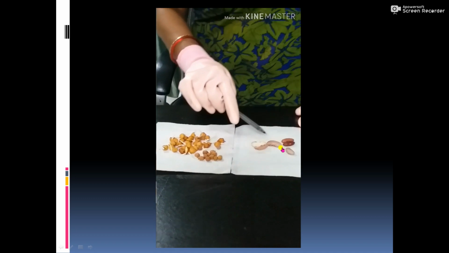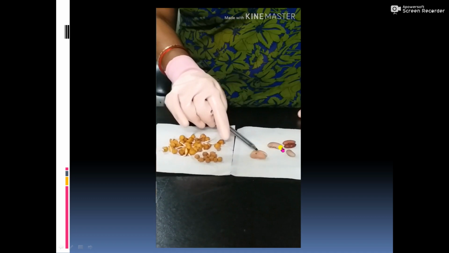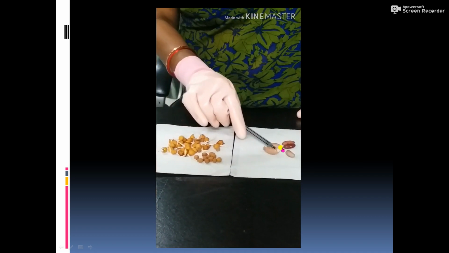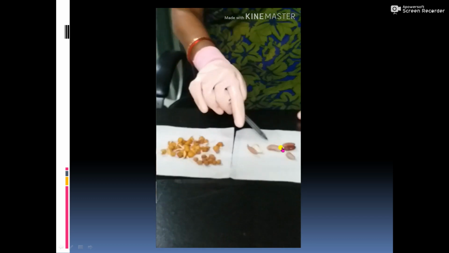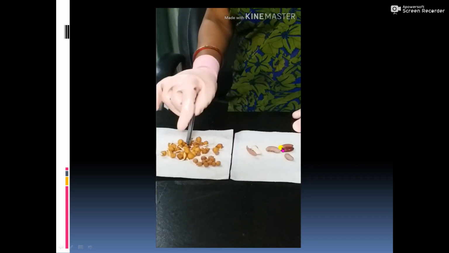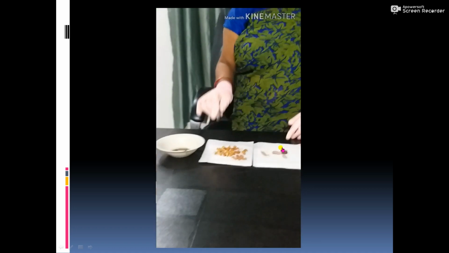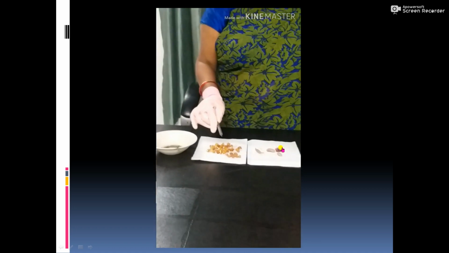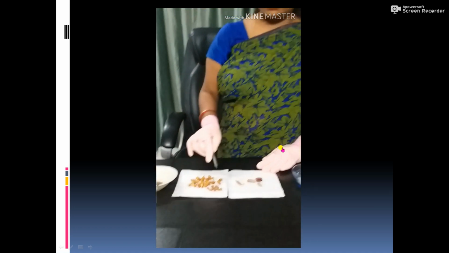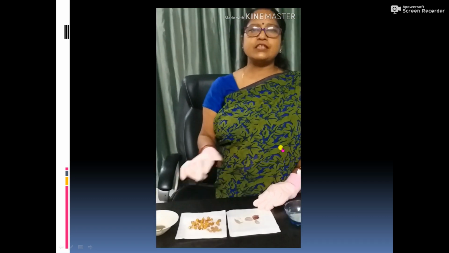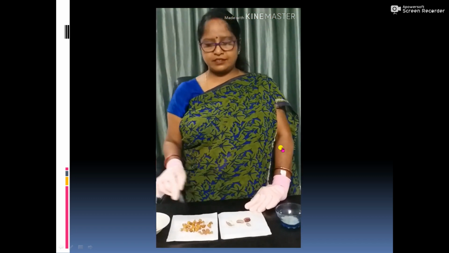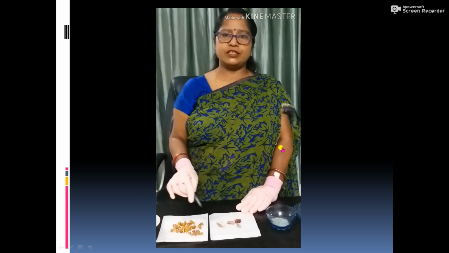Understood? So always remember that the seed is inside the seed coat, and the seed germinates to form a plant. Again the plant gives the fruit and that will develop the seed. And in this way the cycle continues around us.